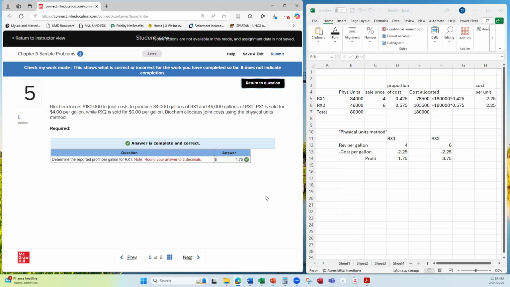Okay, so that is the physical units method. All right. Now, the next method that I want to talk about is the sales value at split off method. Okay, so for the sales value at split off method, then you actually want to look at, okay, what is this worth at the time we split it off?